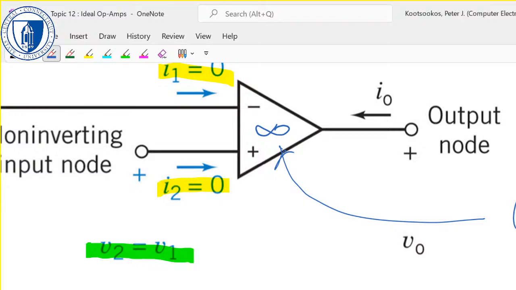So it's still pretty big. And if it's 50,000 or even if it's 10,000, that probably makes our ideal analysis only out in the third or fourth significant figure. So the gain is still pretty big.